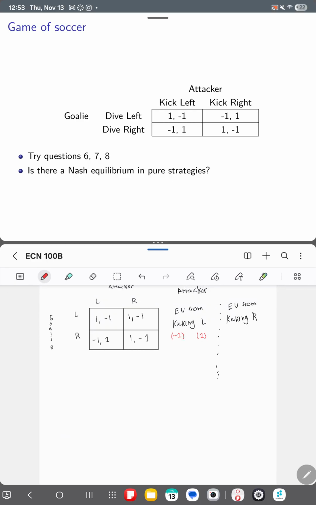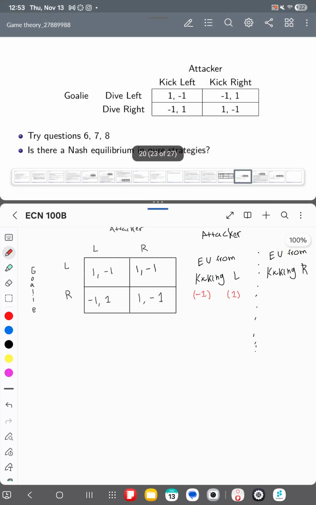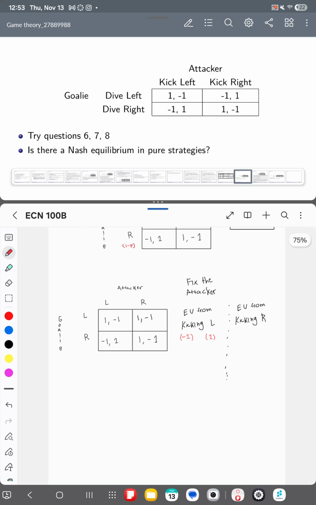And what that tells me is that when I calculate this expected utility, by kicking left, the attacker would sometimes lose and sometimes win. They're going to lose when the goalie goes left, which happens with probability P, and they're going to win when the goalie goes right. This is where the attacker is winning, and that happens with probability 1 minus P. So that should be the expected utility from kicking left for the attacker.